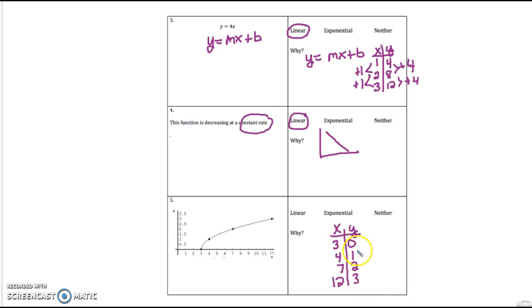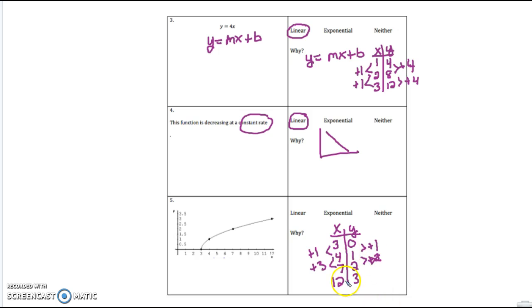So this is plus 1, and this is plus 1. If we go up 1, 2, 3, because plus 1 worked, then we should be going up 3 here for it to be linear. So that's definitely not going to work.